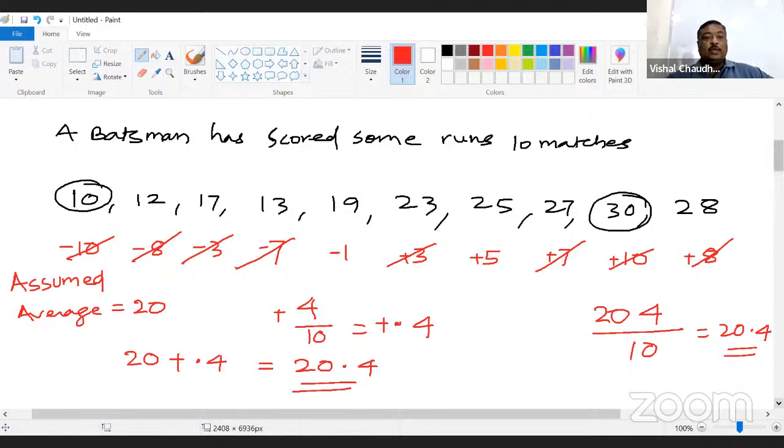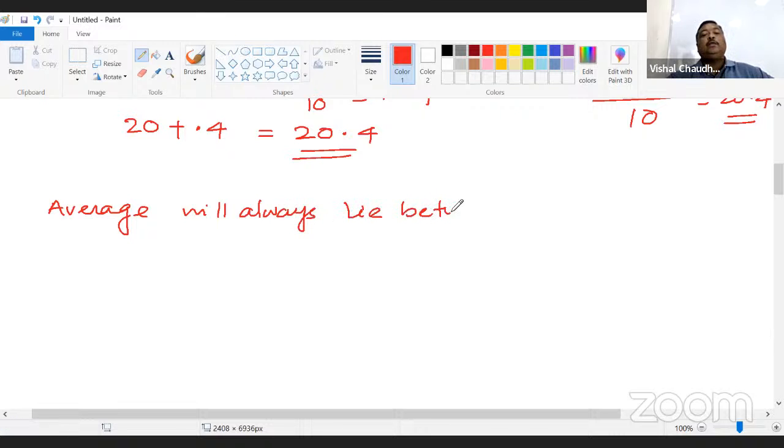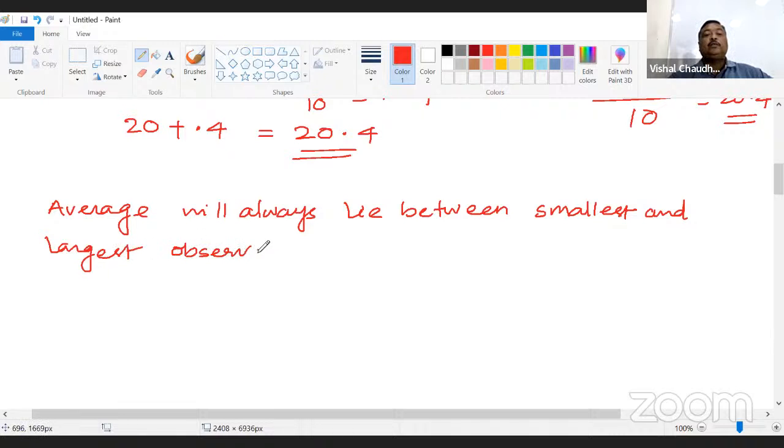So a rule comes out from here, and that is: average will always lie between the smallest and largest observation.